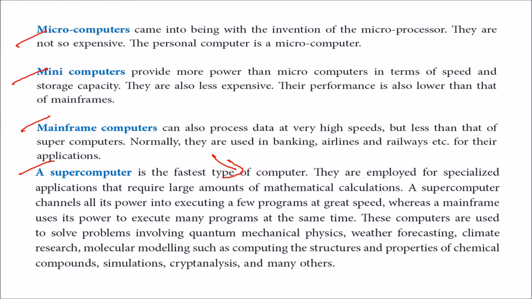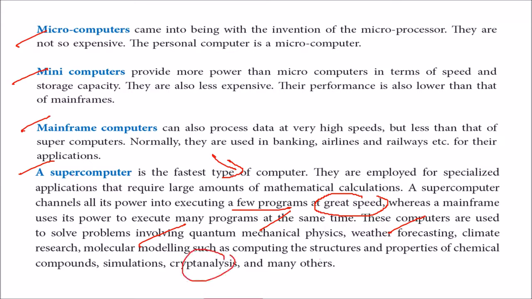Here we are dealing with fewer programs, but the speed is immaculate, great speed, and all the high-end problems like quantum mechanical physics, weather forecasting, climate research, molecular modeling, and cryptanalysis are done using supercomputers.